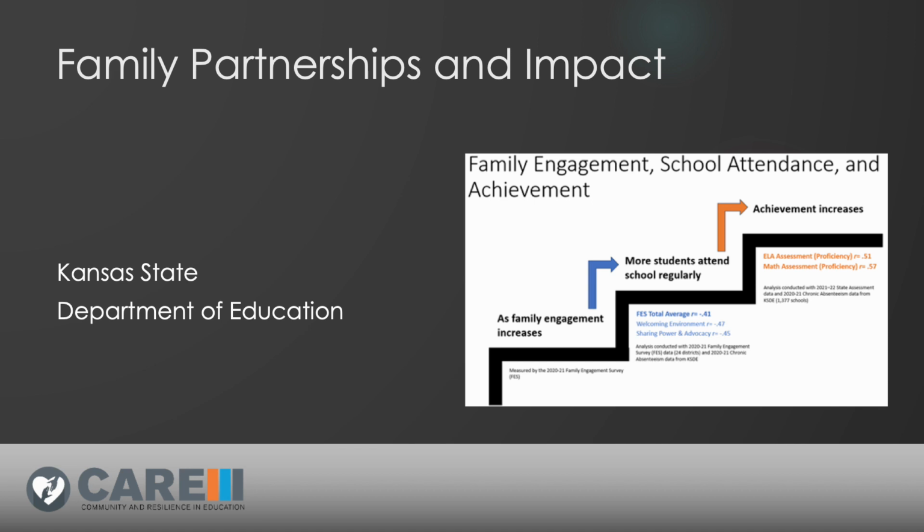They did an overall score, which was the FES total average, but then they also found that having a welcoming environment and sharing power and advocacy with families directly related to an increase in school attendance.